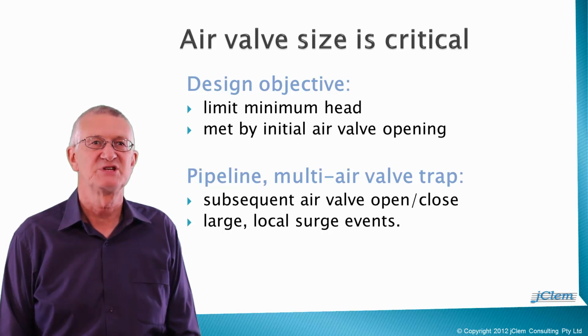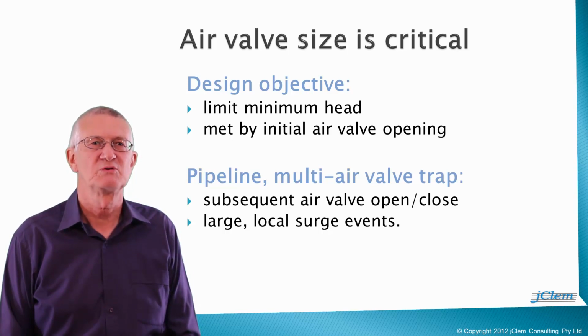One, the design objective is usually satisfied when the air valve first opens, and two, subsequent opening and closing of air valves, if they are oversized, can cause large, localized surge events of their own, often leading to lower minimum heads and higher maximum heads. Let me lead you into this subject with a story.